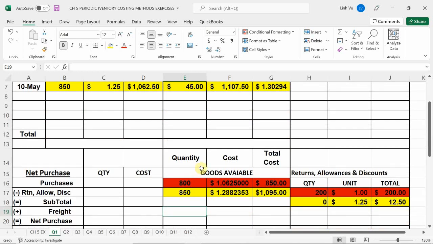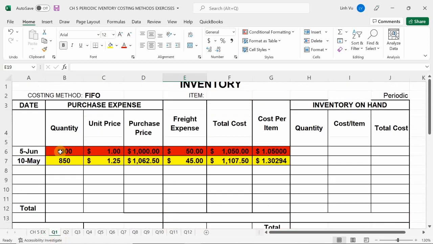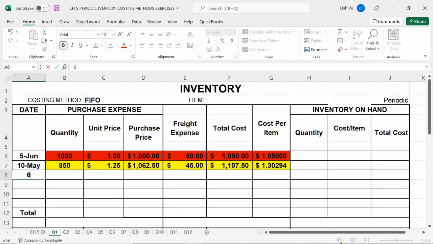Okay, so let's see what is next. Then on June 20th, we end up purchasing 500 toys at $1.50 with a freight of $25. So 500 toys, $1.50, and a freight of $25. Okay, so inventory worksheet.